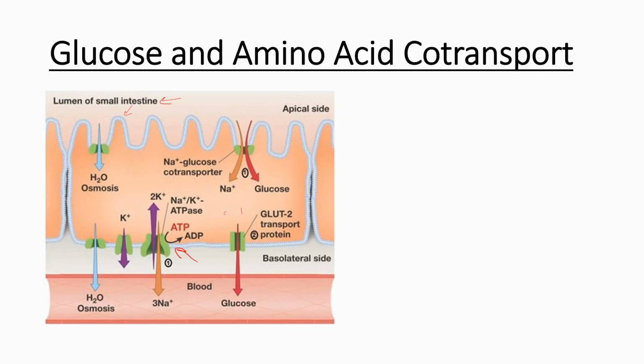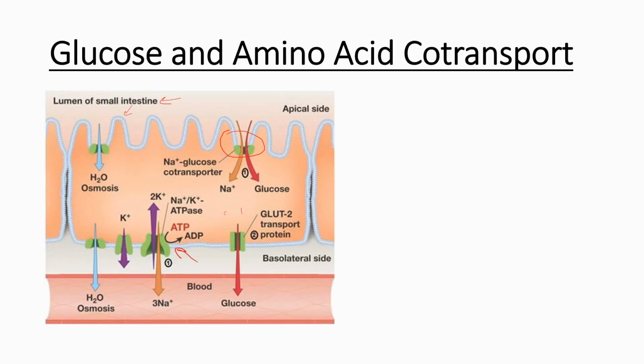Now, in these microvilli, in this plasma membrane, you find a co-transporter like this. This is the sodium glucose co-transporter. You can also have the sodium amino acid co-transporter, and these are different co-transporters. Now, it's important to note the stages in what's happening here.